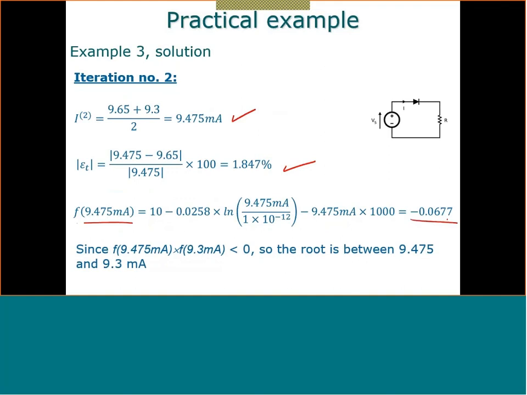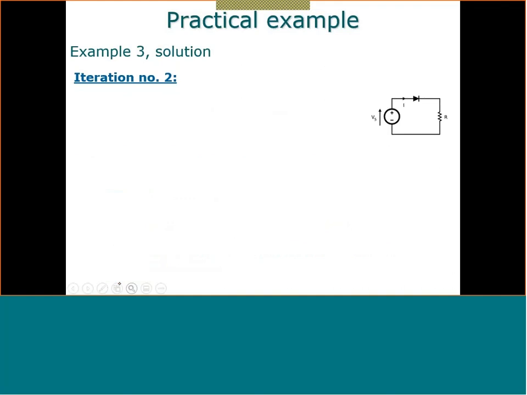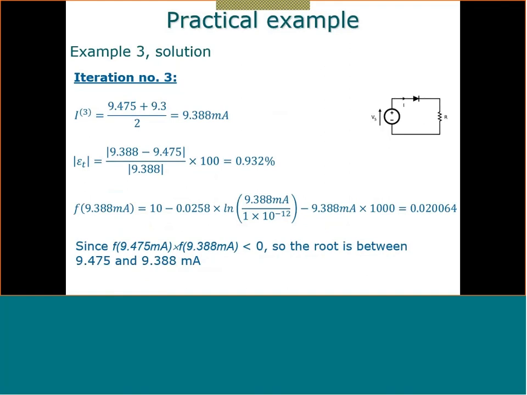So the answer will be between 9.47 and 9.3. I go back here, find the third iteration, it's 9.388 milliamps. The error is 0.932, still higher than the value I'm looking for. I evaluate the function here, it is positive, so the answer now is between 9.388 and 9.475.